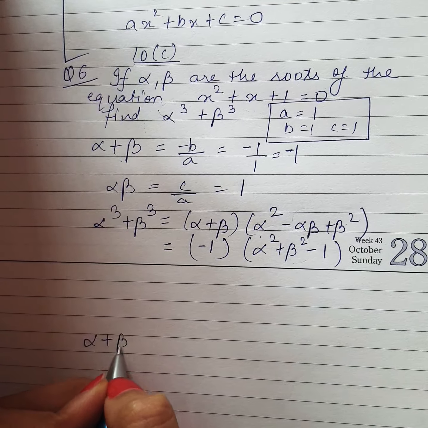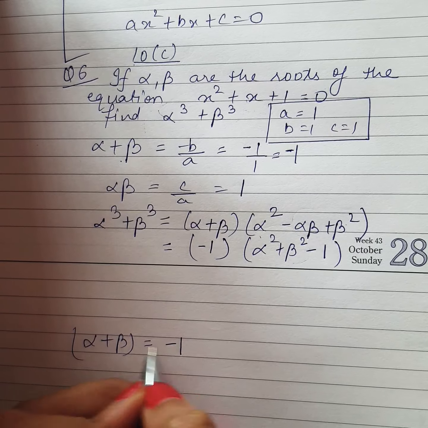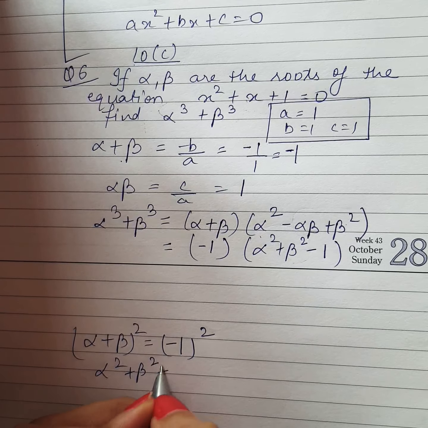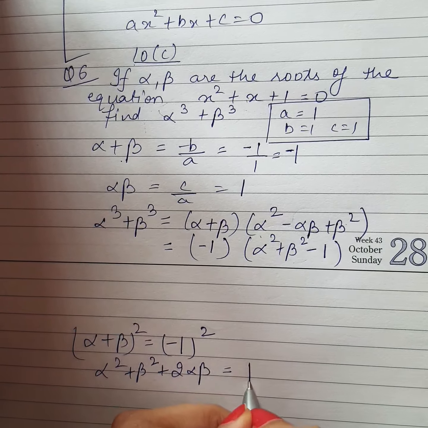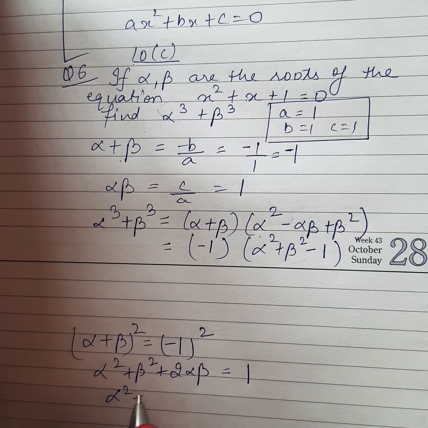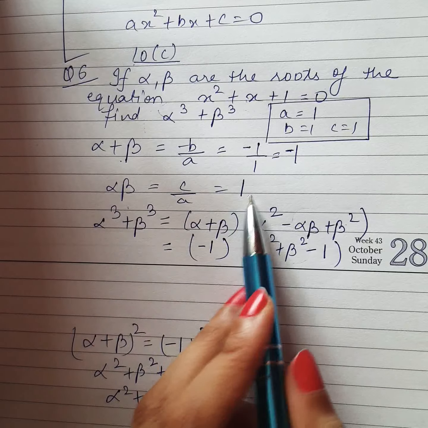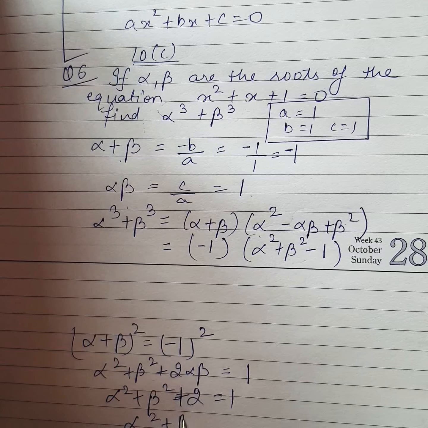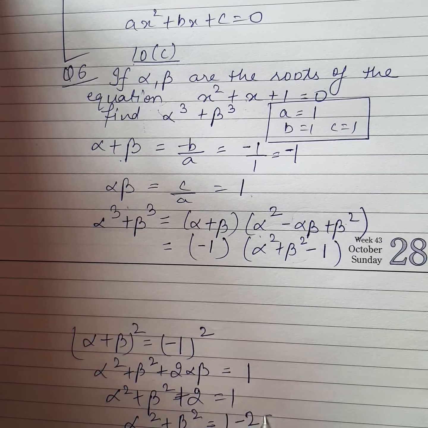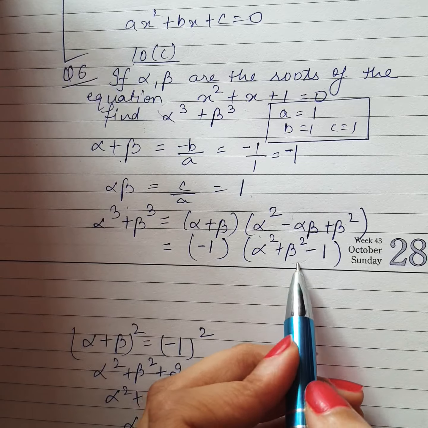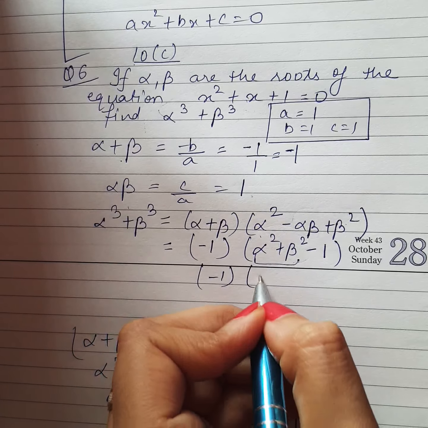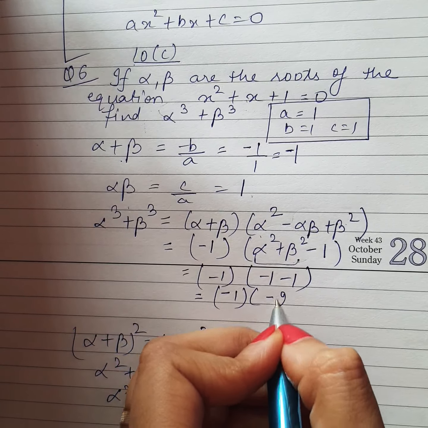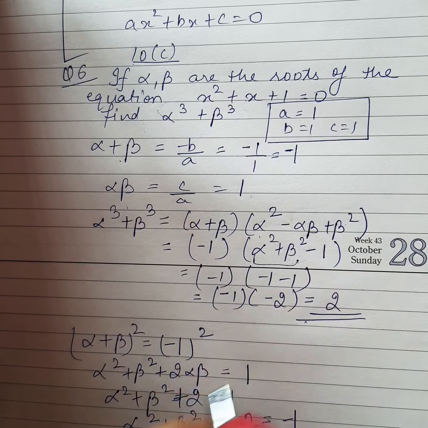Since alpha plus beta is minus 1, if I square both sides, I will get alpha square plus beta square plus 2 alpha beta equals 1. Alpha beta, from the same equation, is 1. So 2 into 1 is 2. So alpha square plus beta square is 1 minus 2, which is minus 1. So this value is minus 1. Minus 1 minus 1, minus 1 into minus 2. The answer is 2.